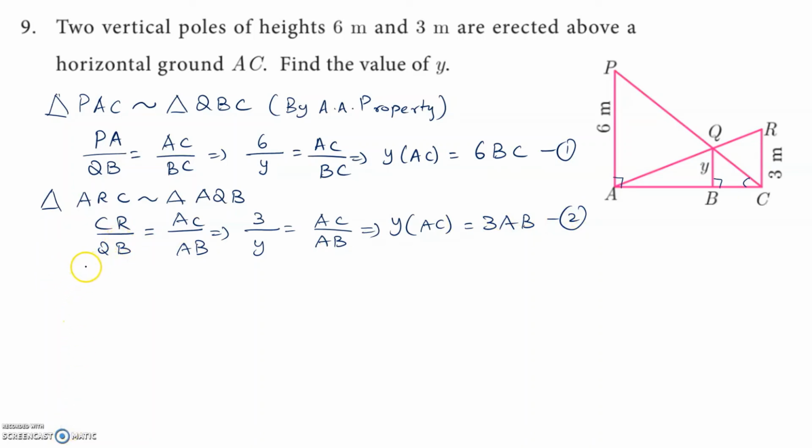Now from 1 and 2 you can say that 6BC is equal to 3AB, equating these two because they are both equal to YAC. So we can say our AB is equal to 2 times BC.